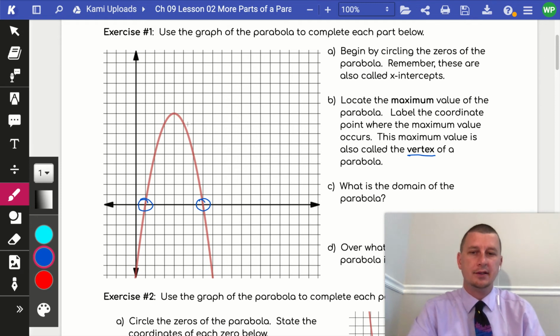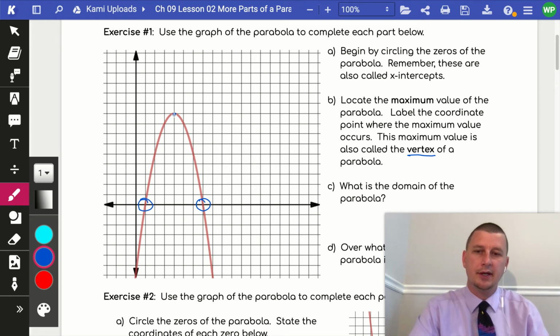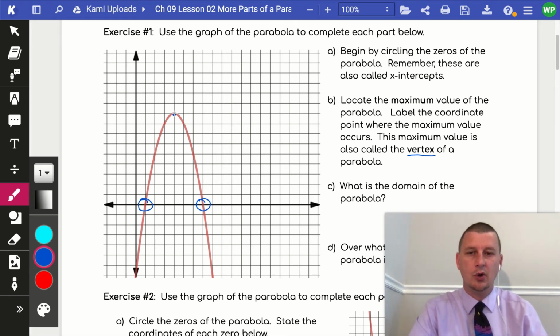Our vertex is also referred to as a turning point, because it's where the parabola turns from going up to going down, or vice versa. Our vertex is located right here, and it wants us to write the coordinate point where that vertex or maximum point occurs, and that's going to be at 1, 2, 3, 4, comma 1, 2, 3, 4, 5, 6, 7, 8, 9. So (4, 9) is where our vertex or maximum value occurs.